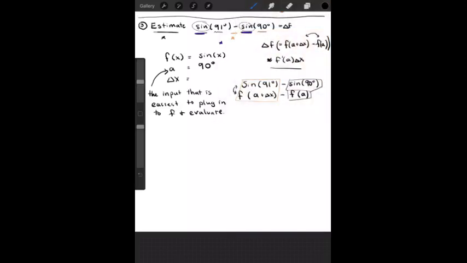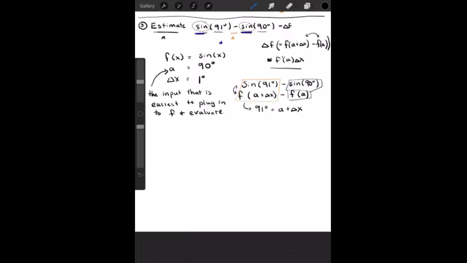Since we already know that f is sine, that tells us that 91 degrees equals a plus delta x. So, what should delta x be? Right, 1 degree, exactly.